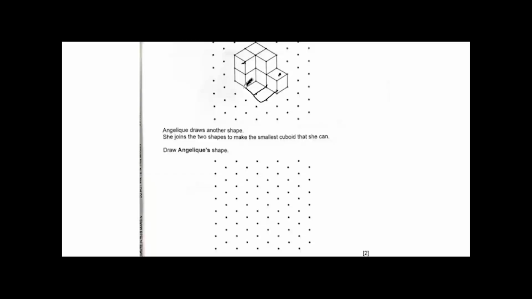Starting from what we have here, you have 1, 2, 3, 4. So if you come here, let's take this spot. So you have 1, 2, 3, and 4.